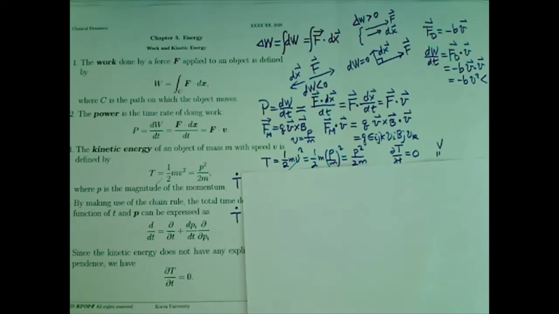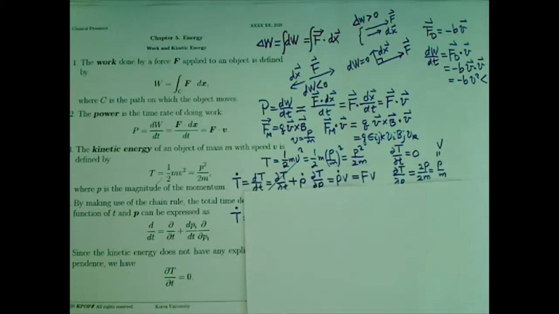In a similar manner, we can consider the total time derivative of kinetic energy. As you know, this is independent of t. p may be depending on t, but there is no explicit time dependence in this formula, p squared over 2m.